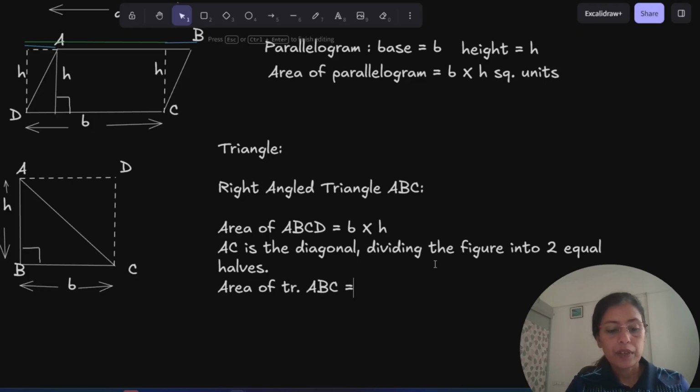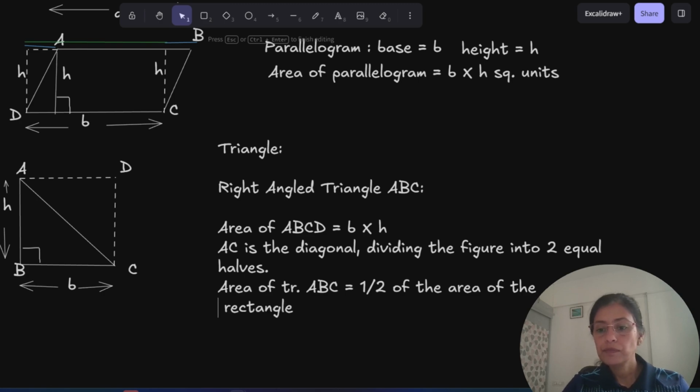So which means our area of triangle ABC will be half of the area of the rectangle, or whatever, rectangle or square that is formed. Right, here we are saying B is not equal to H. So this is going to be a rectangle, right? So then what will be then in that case?